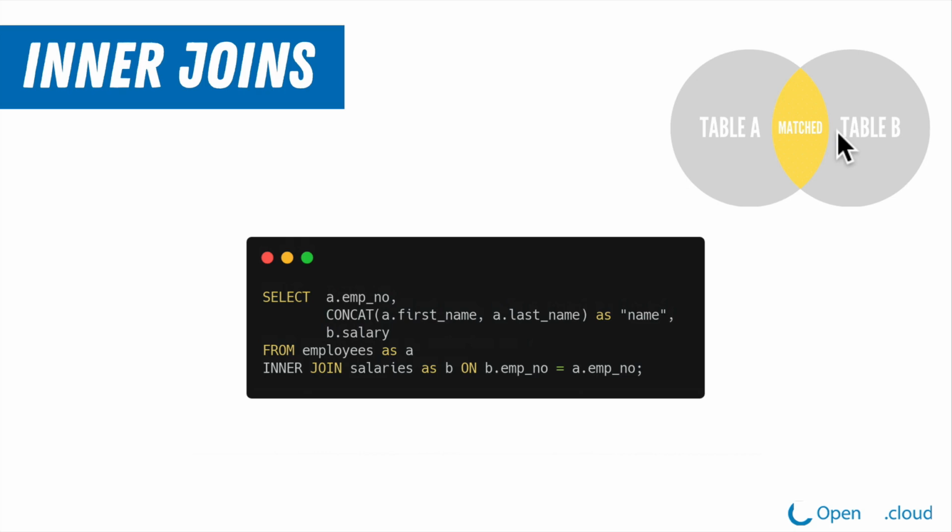Well, if the question is, I want to have the salaries by employee, then I'm going to select from employees and I'm going to join salaries to it because employees is the main part of the data that I'm trying to get. So deciding what's going to be on the left and what's going to be on the right is always an important question. Where am I selecting from and what am I trying to join to?